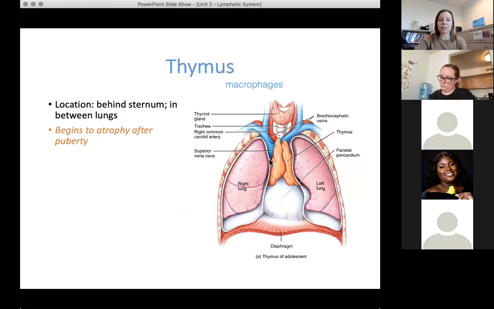You can kind of see that it has two parts to it. And it's found behind the sternum and in between the lungs.